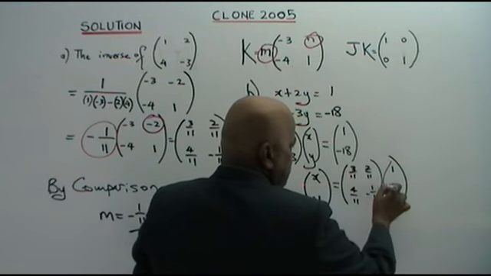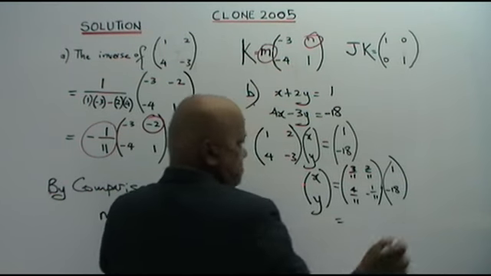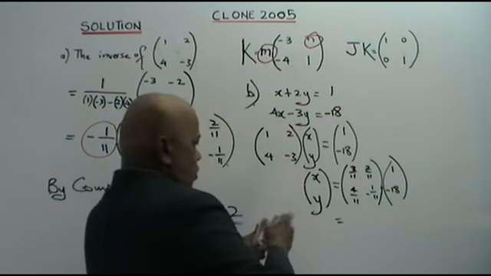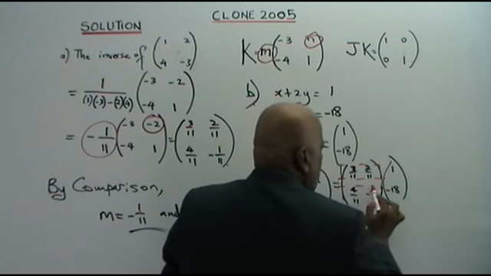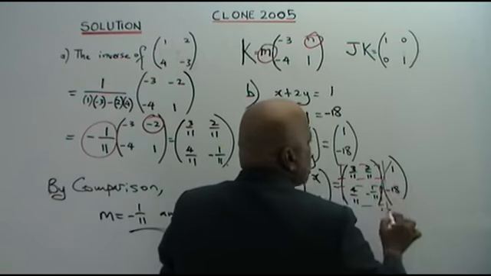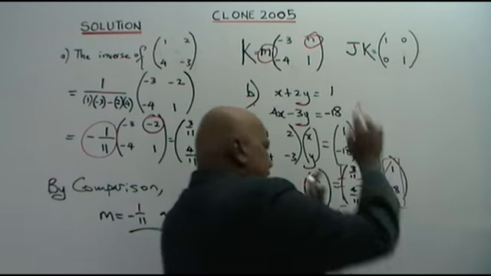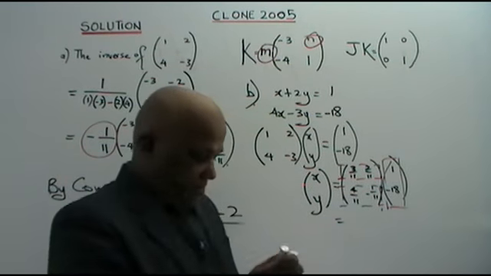So what do you get now? Multiply. Row times column, row times column. 2 times 1, 2 answers.